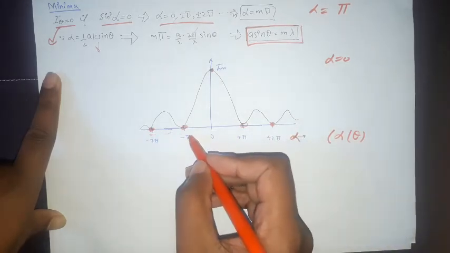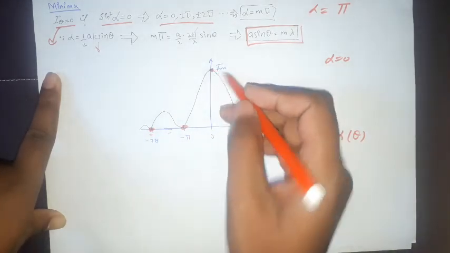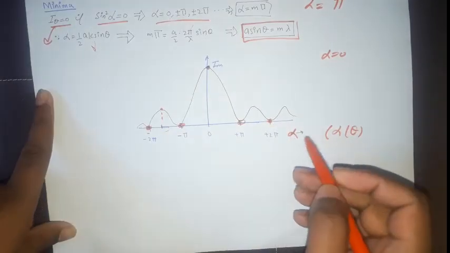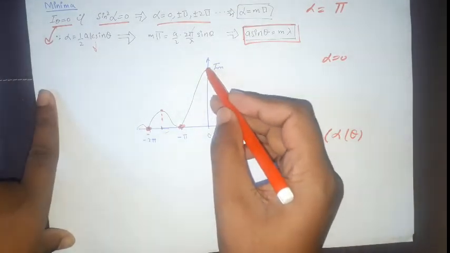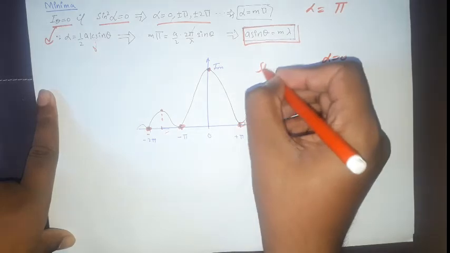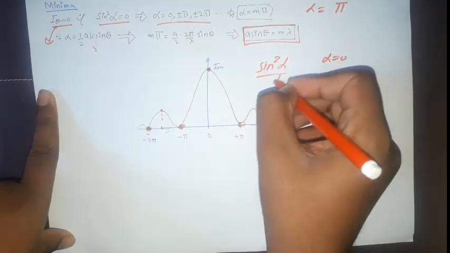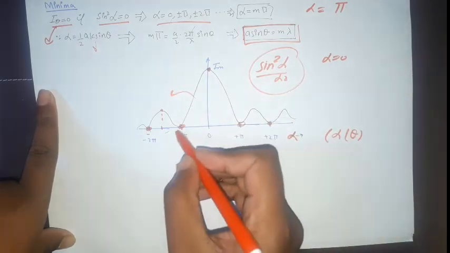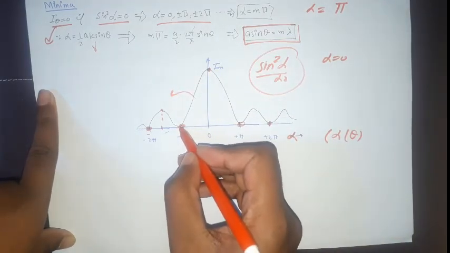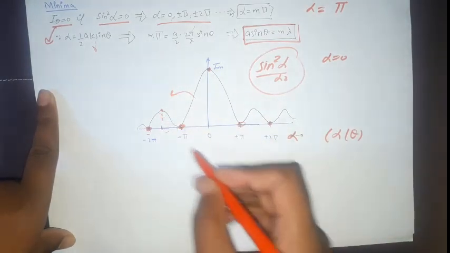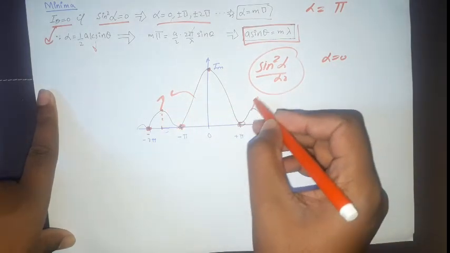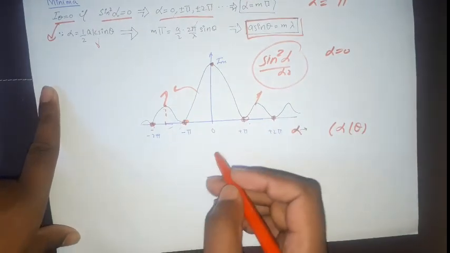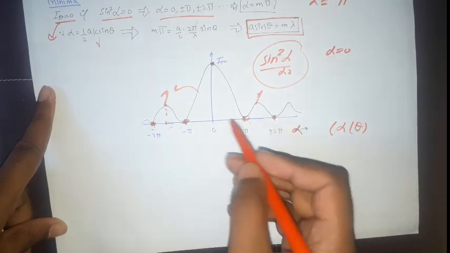These are the minimum points, and this is our maximum point. This is how we can plot this intensity. This is the maximum intensity, and it is sine square alpha by alpha square, so it decreases by this function. Then we have the minimum point and maximum point. These are known as secondary maxima, and these are known as first minima on both sides.